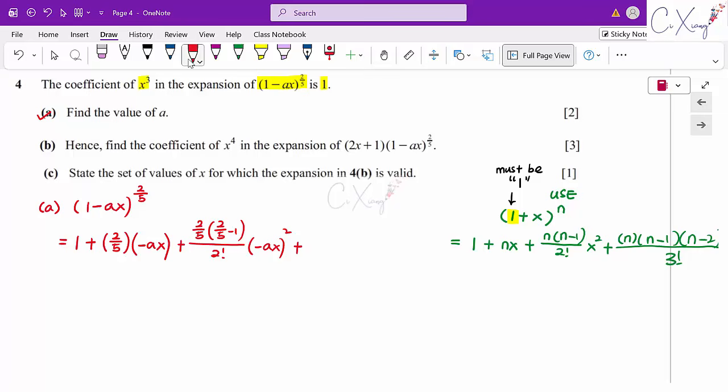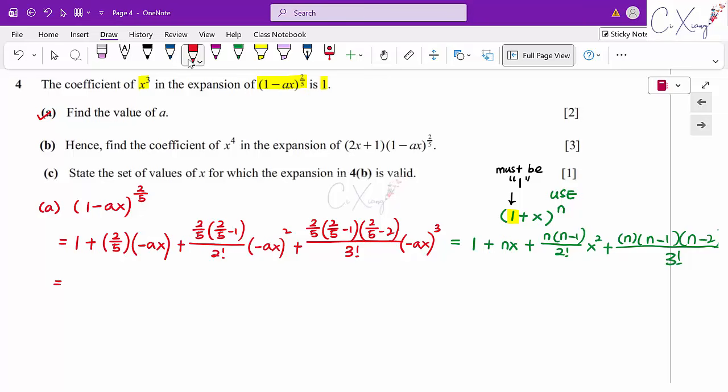Next one, n minus 1, n minus 2 divided by 3 factorial with the x, which is negative ax in our case here, then power 3. Okay, then of course there are more like x power 4, x power 5 and so on, but I don't want to expand it anymore because our focus is up to x power 3 only.